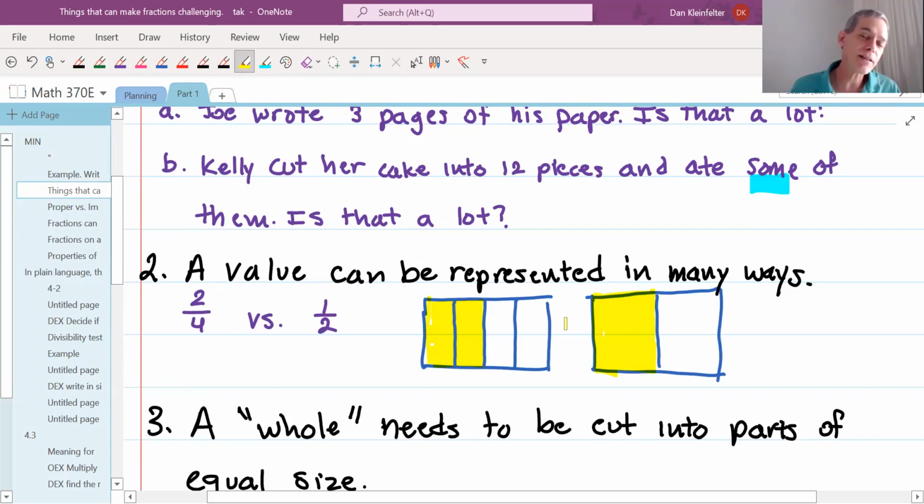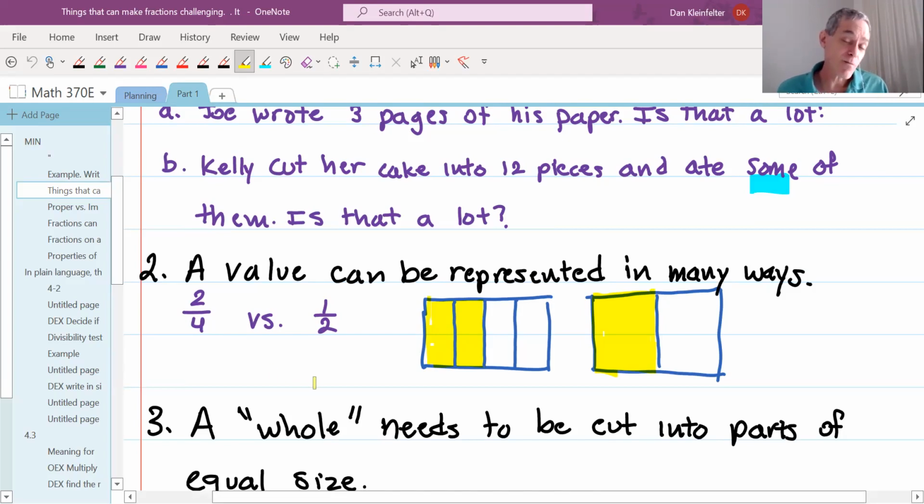So there's a variety of ways, many ways of representing one value, unlike like 3, okay, you've got 3 kids, which is just 3. I guess if you want to play around, you could say 2 plus 1, but 3 is just 3. With fractions, there's a lot of ways of representing them: 2/4, 1/2, 3/6, 11/22, right? If you don't get that, we'll get to that, and that's fine.